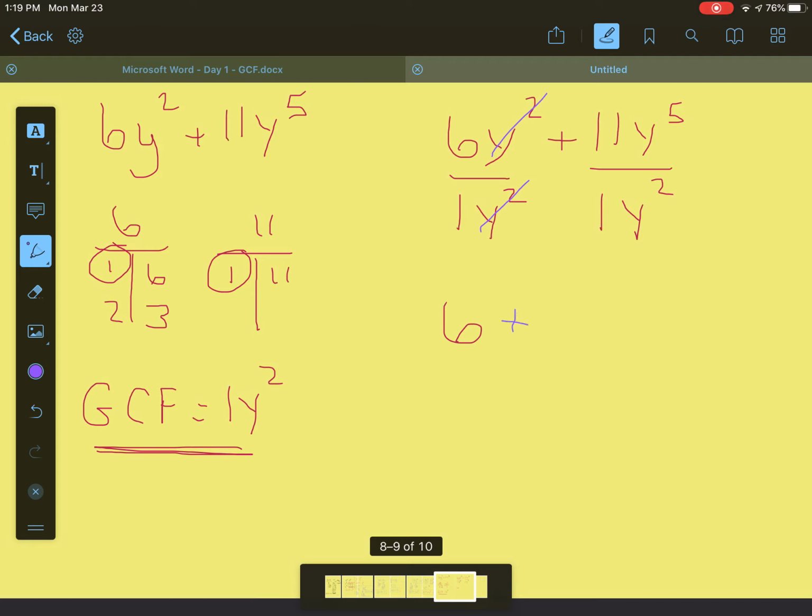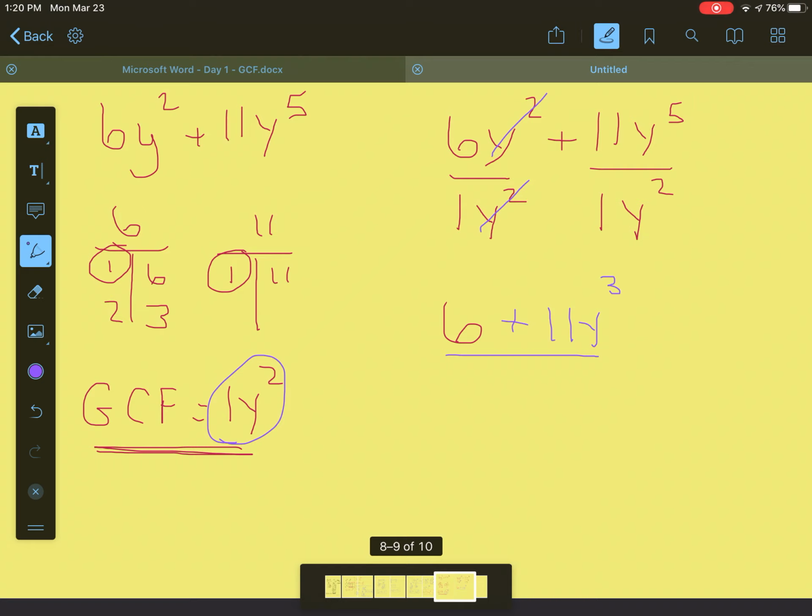Now for the second part, so 11 divided by 1 is 11. Y to the 5th over y squared. Now, remember, we're going to subtract those exponents. Okay, so 5 minus 2 is 3. Okay, so our final answer is just taking this guy and putting this guy on the outside of it.